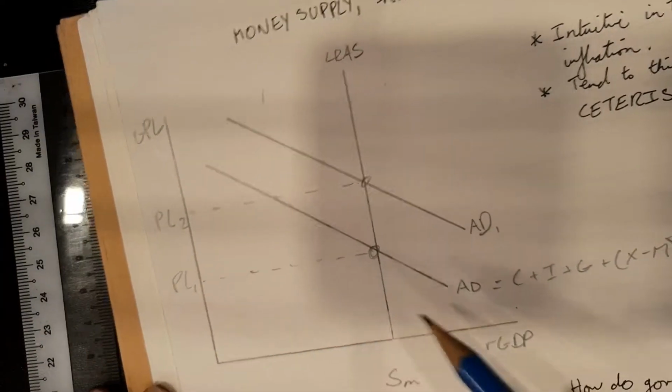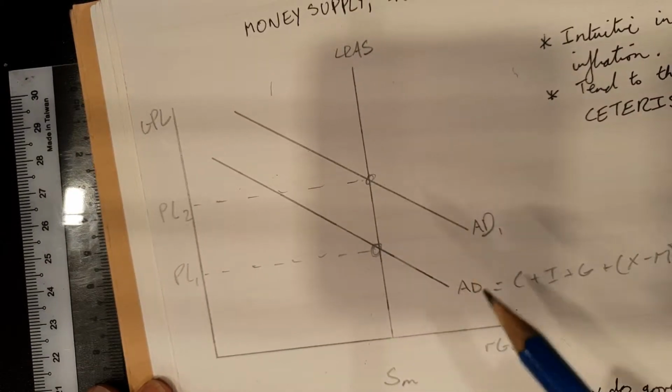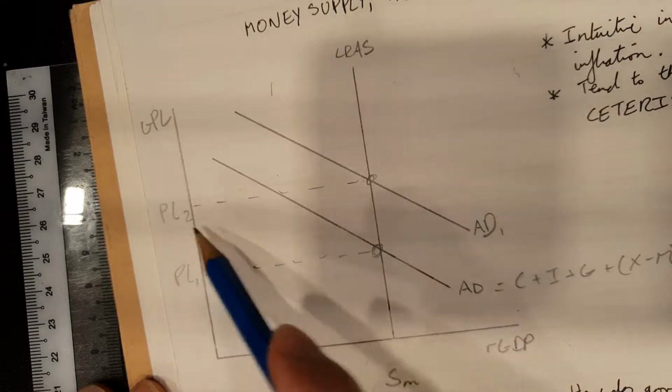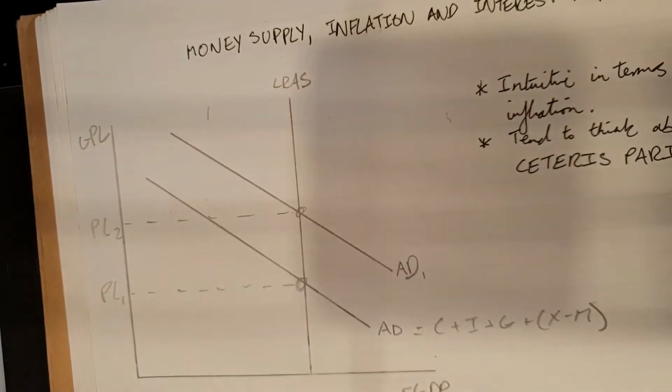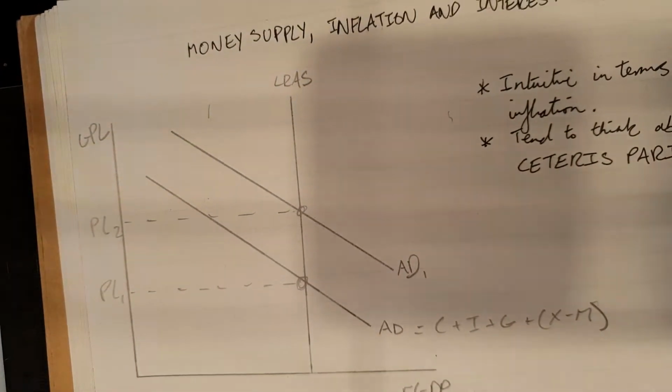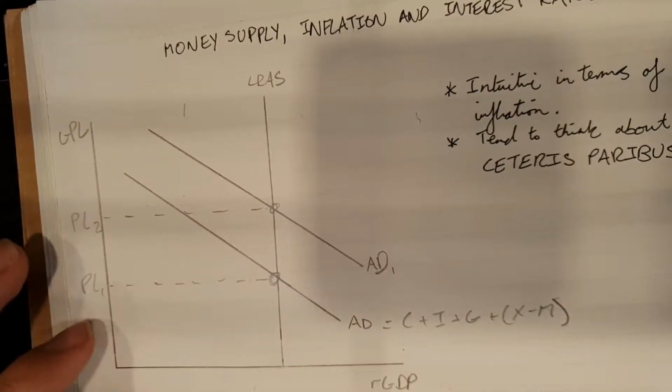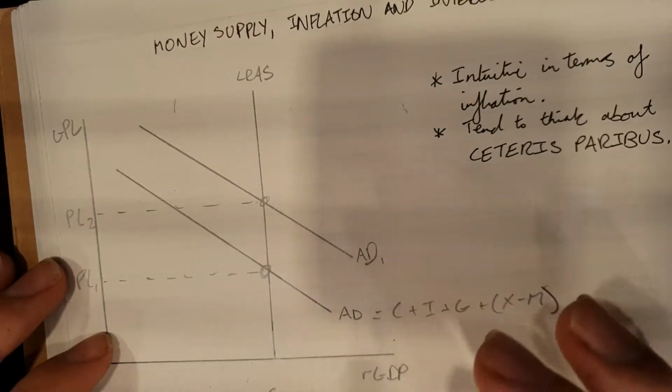Here is the price level. You can see that thanks to increasing the money supply, increasing aggregate demand, we've seen a general rise in the price levels. And because the famous cases, such as Zimbabwe in 2008, have happened like this, it is a very intuitive relationship, and this is how we were introduced to money supply.